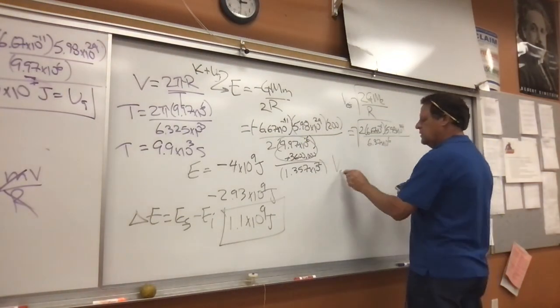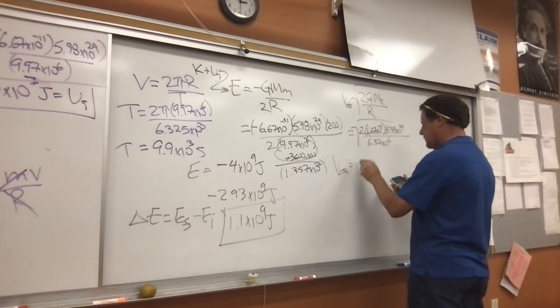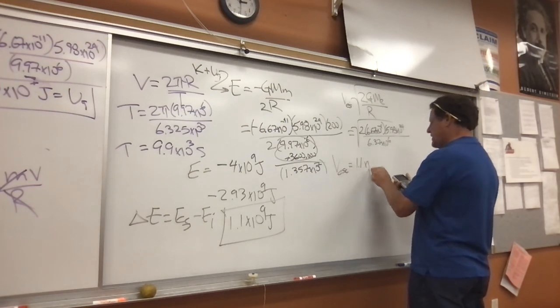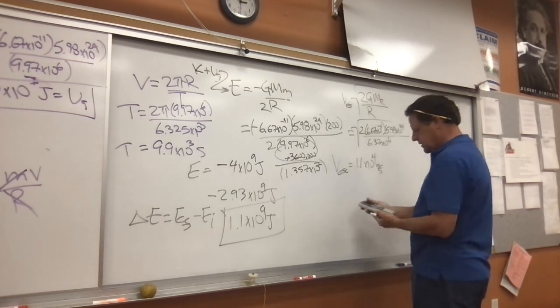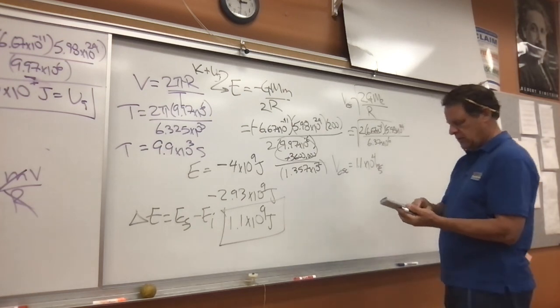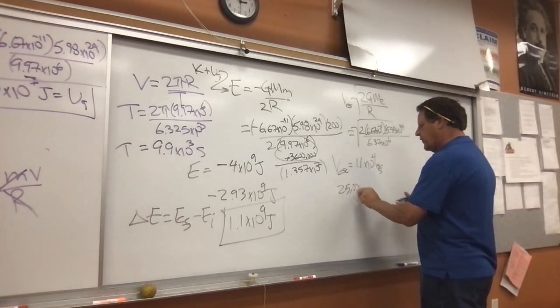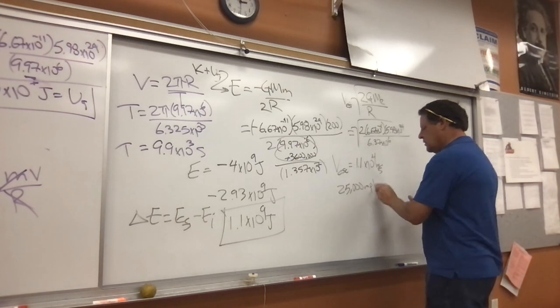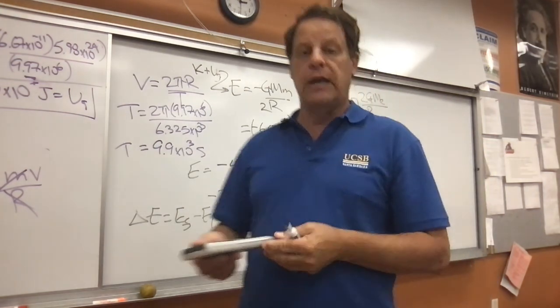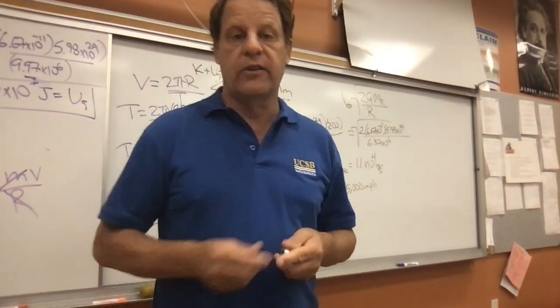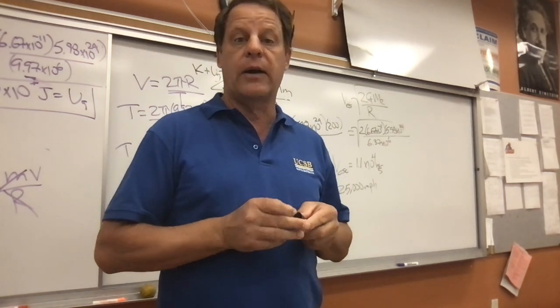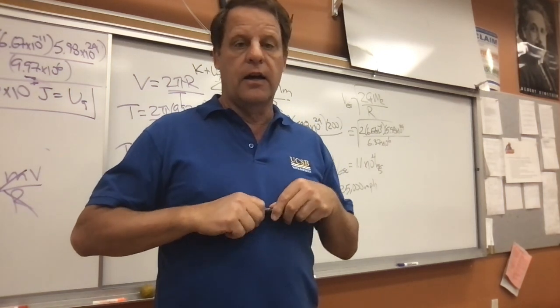So the escape velocity is 1.1 times 10 to the 4th meters per second, which is about 25,000 miles per hour to escape the Earth.